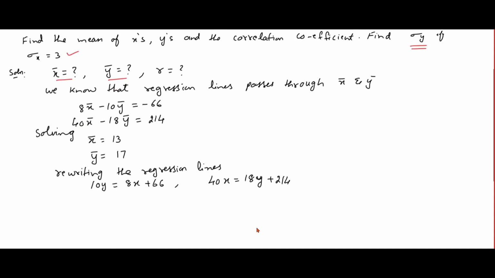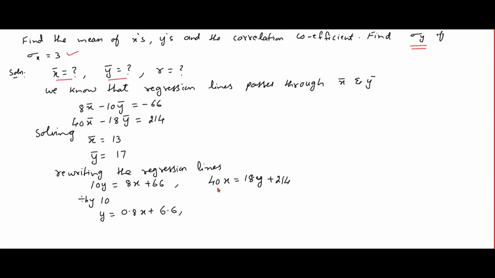Now in the first case, I'll divide by 10. So y is equal to 8 by 10, which is 0.8, so 0.8 times x plus 66 divided by 10, which is 6.6.